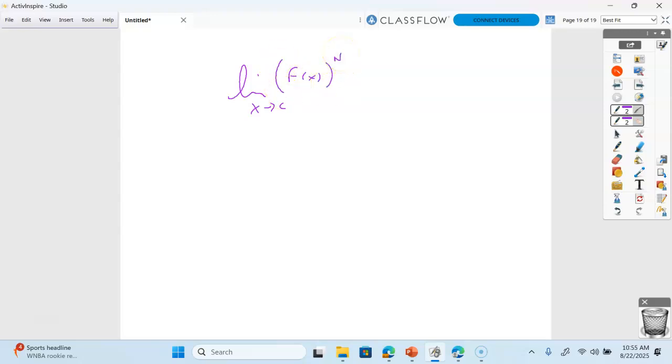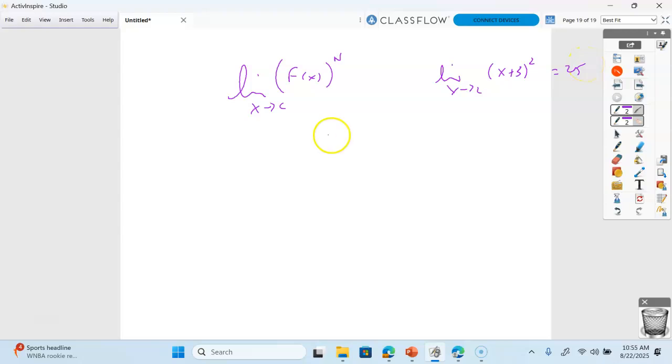How would I do this problem? I put the 2 in there. 2 plus 3 squared is 25. So I just plug it into the middle function, right?